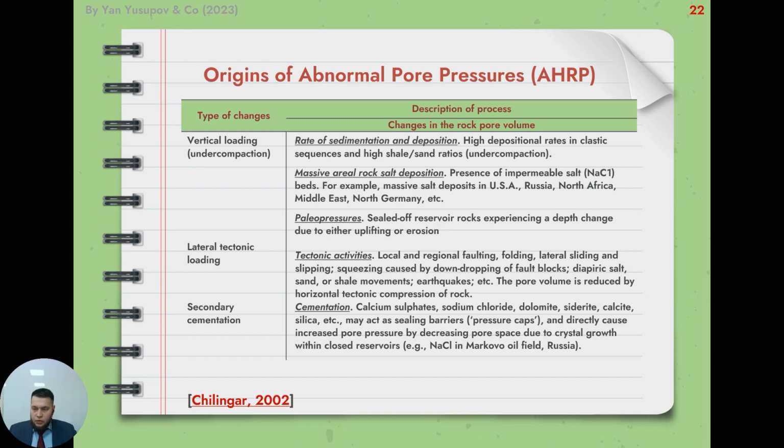The following mechanisms will be examined in the following session: compaction disequilibrium, hydrocarbon generation, formation uplift and unloading, smectite diagenesis. Chilingar, etc. shows more than 10 causes of abnormal pore pressure in his book.